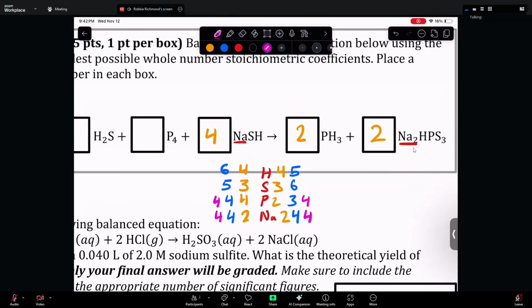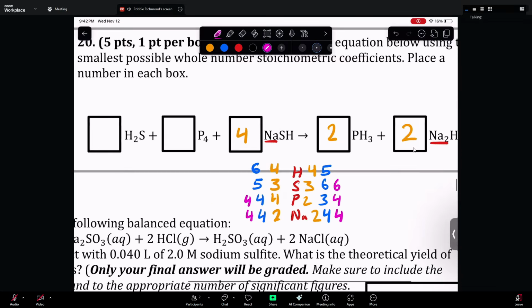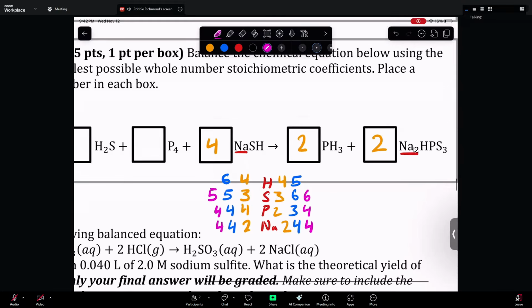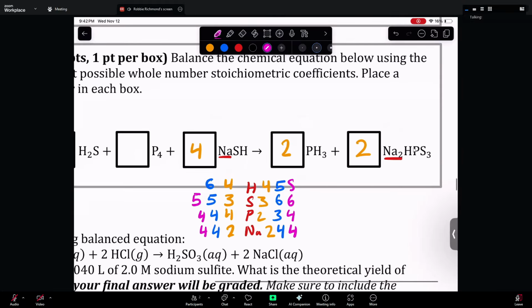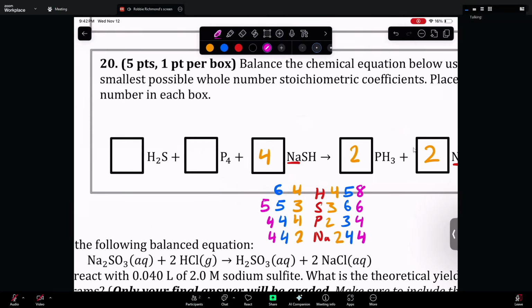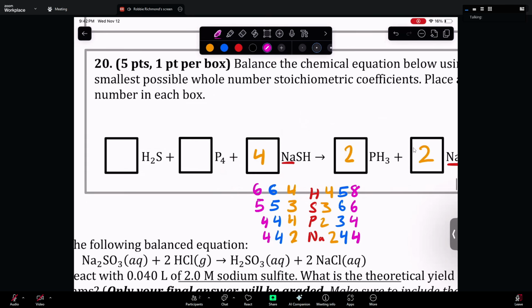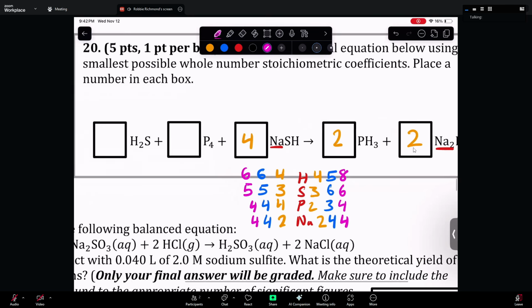Sulfur, we didn't really touch sulfur, so this still stays as 6. This still stays as 5. Now hydrogen, we have 6, 8, and this hasn't changed. Alrighty, so now our phosphorus and sodium are balanced.